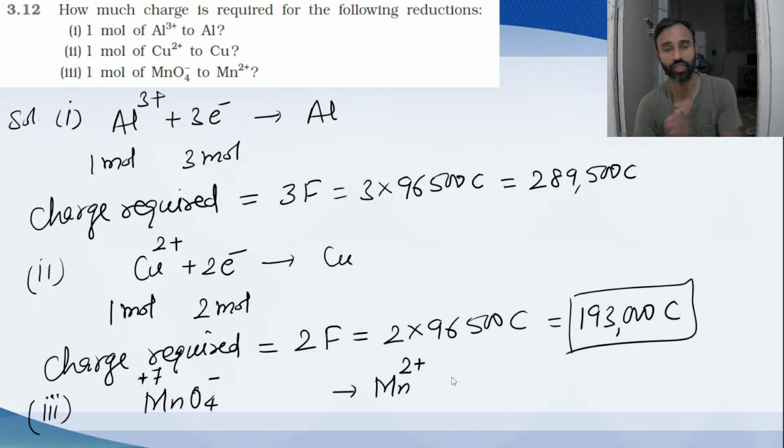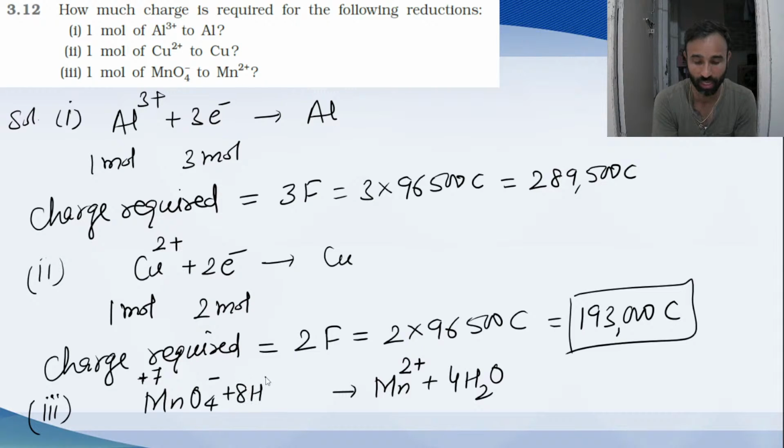What is the change? It is 5. Or the second method is to just balance it first. MnO4 negative to Mn2+, add H2O to the side deficient of oxygen, and double the number of H+ ions on the opposite side, and then balance the charge.